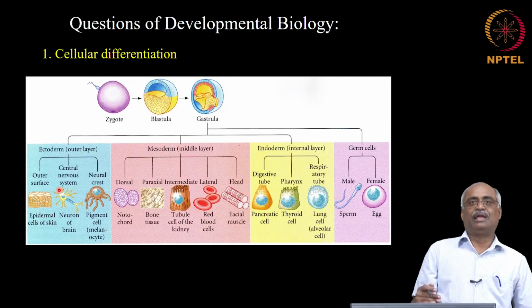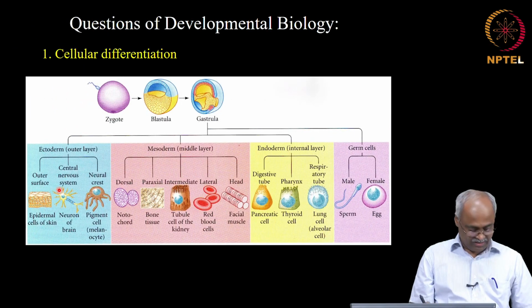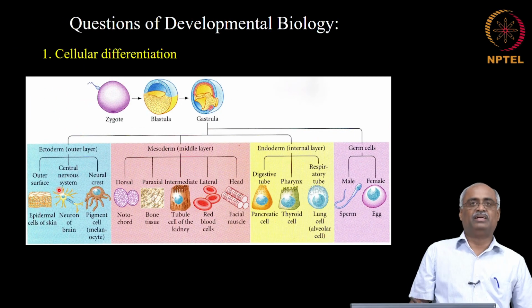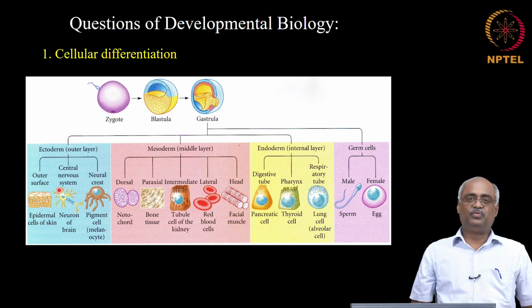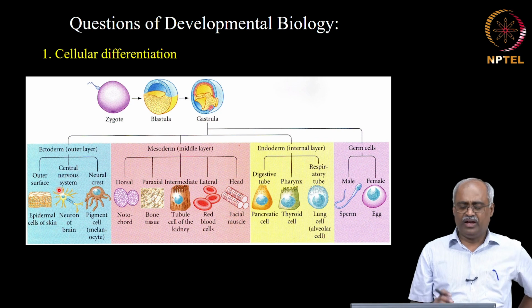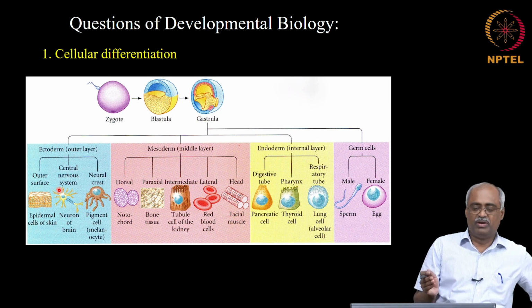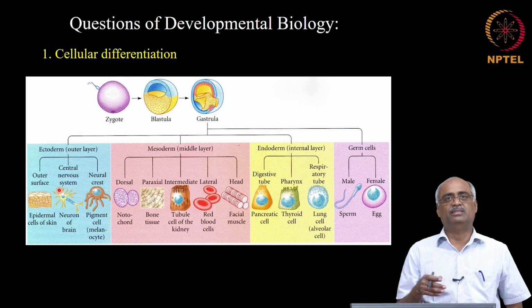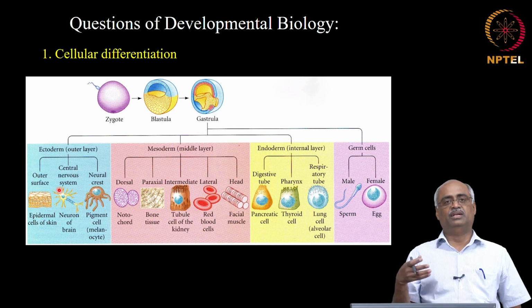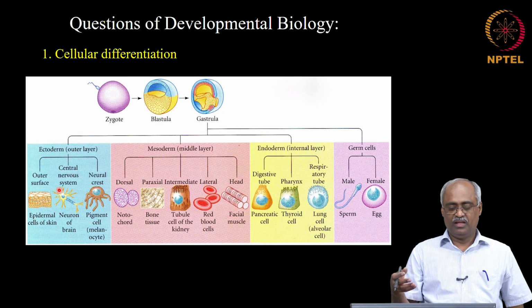First, let me outline some of the central questions in developmental biology, and that will explain what you are actually going to learn in this course. The first question is, we understand through cell biology that by the process of mitosis, cells divide into two cells and more and so on.